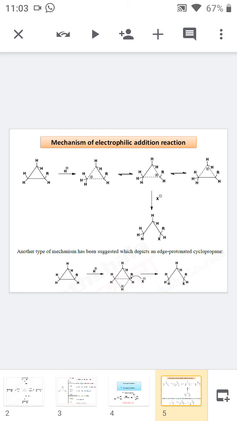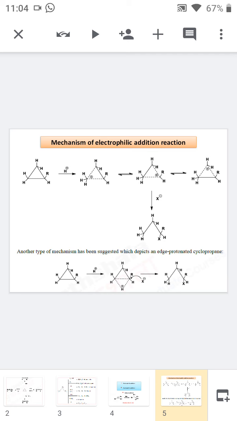A carbocation is generated, and this carbocation shifts to the more substituted carbon because the carbocation stability order is tertiary greater than secondary greater than primary. Sometimes it may shift again to the next carbon atom, but in most cases the most substituted carbocation is more stable. At that position the nucleophile will attack and the final product is formed.